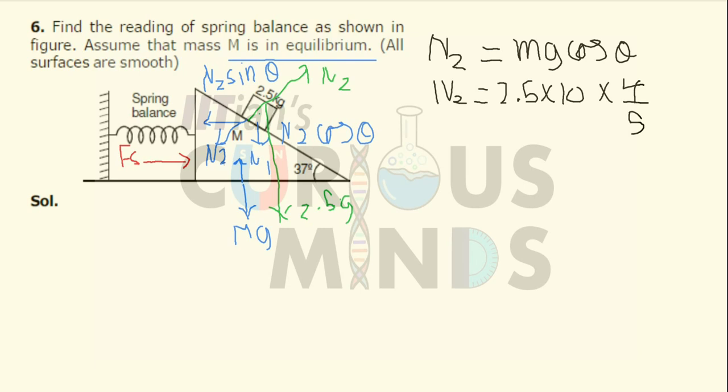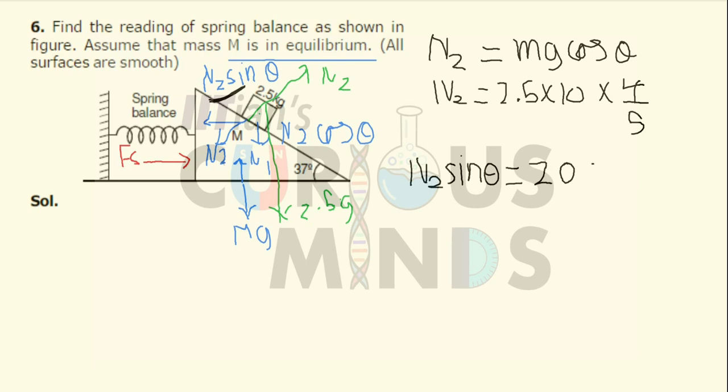The force is equal to n2 sine theta. n2 is 2.5 into 10, which is 25. 25 into 4 is 100, and 100 by 5 is 20. So n2 is equal to 20 over here.